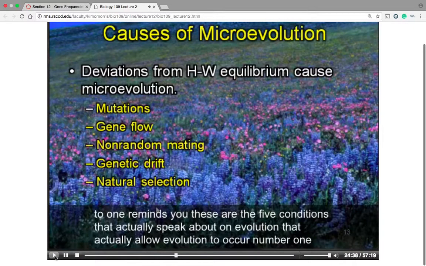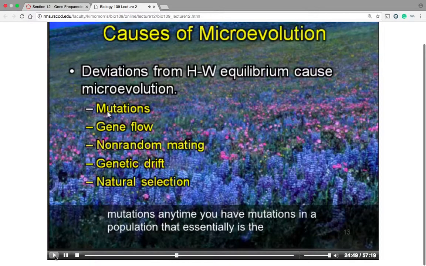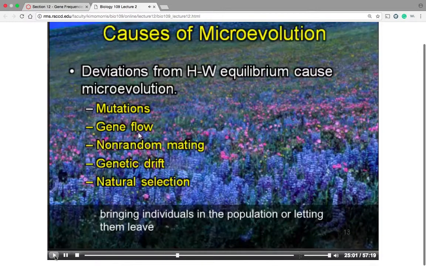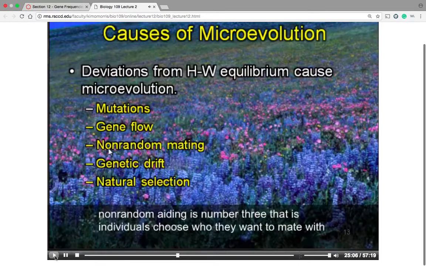I want to remind you, these are the 5 conditions that actually allow evolution to occur. Number 1, mutations. Anytime you have mutations in a population, that essentially is the necessary ingredients to have genes change over time. Number 2, gene flow. Gene flow, bringing individuals into a population or letting them leave. Non-random mating is number 3.